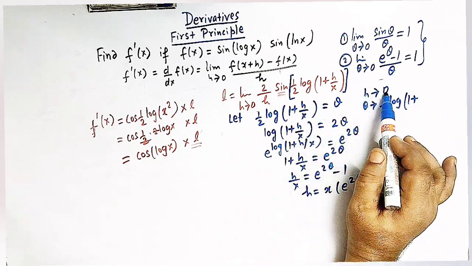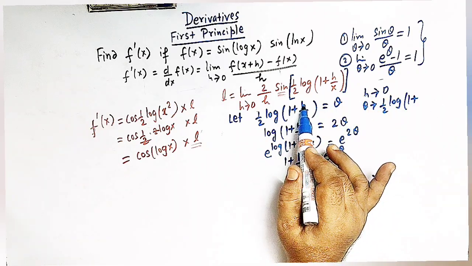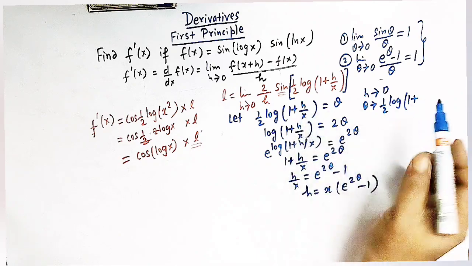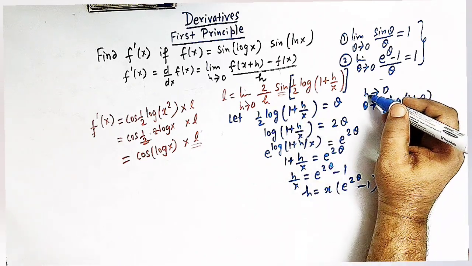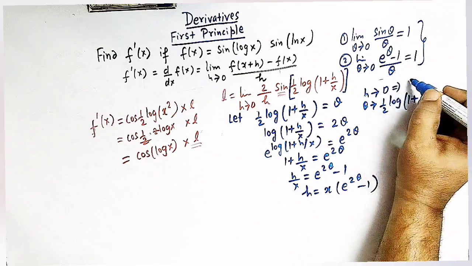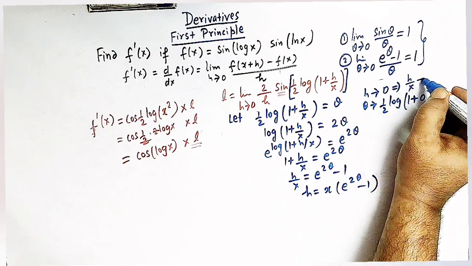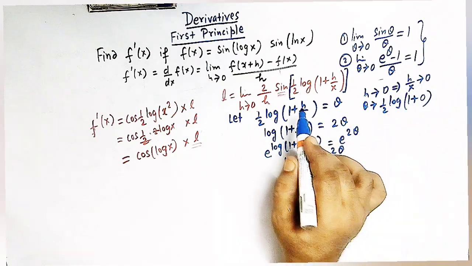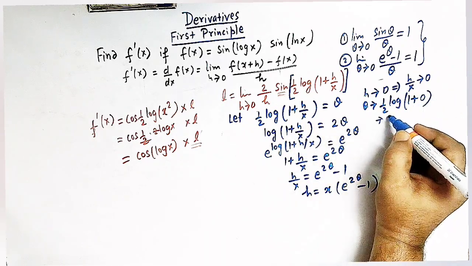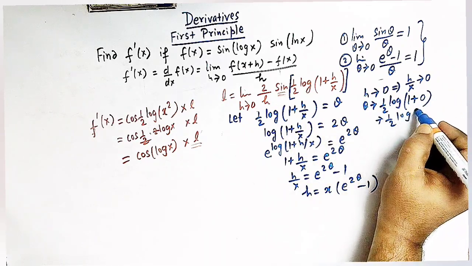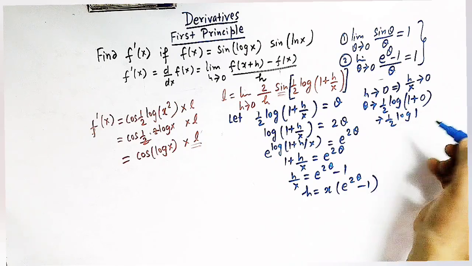So when h tends to 0, then this term, that is h over x, also tends to 0. So we can write when h tends to 0, it implies that h over x also tends to 0. So here h over x can be written as 0, and we are left with half log of 1, and log of 1 is 0.